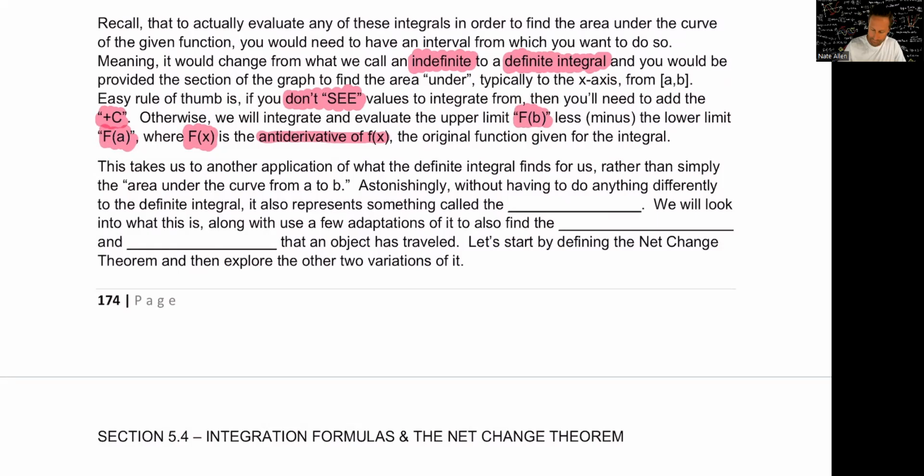They are called the net change, or the fancier way to say it is displacement, and the total distance, which if you recall, we spoke about earlier, but now we have the means to find them faster and easier.